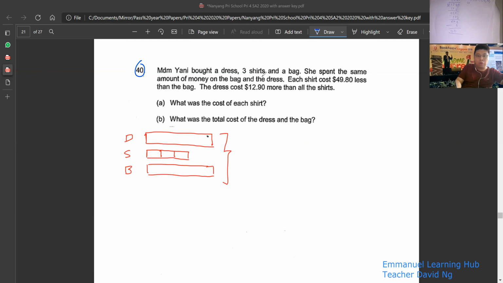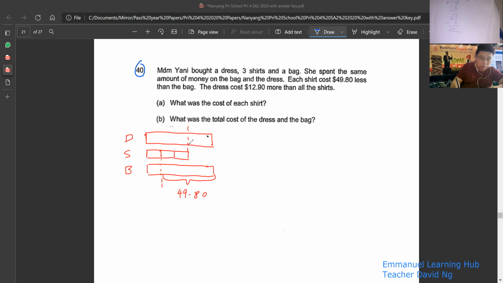Total, how much? Okay, the total is not disclosed. Each shirt costs 49.80 less than the bag, right? Agree? Yes. Then all the shirts, the dress costs 12.90 more, right?